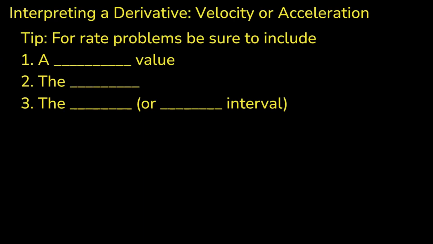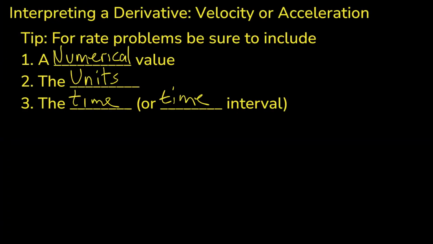Now I want to talk about a quick tip for rate problems. You have to make sure you include a numerical value, the units, and the time, or the time interval, if that's appropriate, if you're doing like an average rate of change. So when you're interpreting and you're writing out the sentence, make sure you include the numerical value, the units, and the time or time interval.